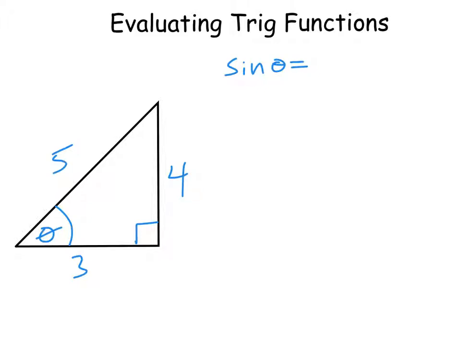But I would expect if you can get that diagram set up, that you could look at it and see from theta that the sine value is 4/5. Cosine is 3/5. And then tangent is 4/3.